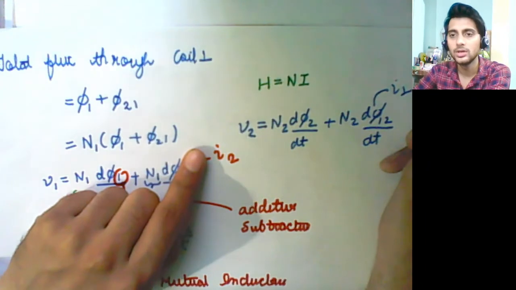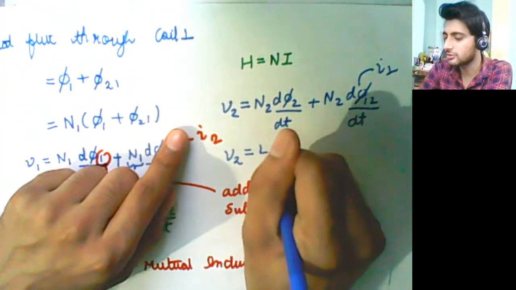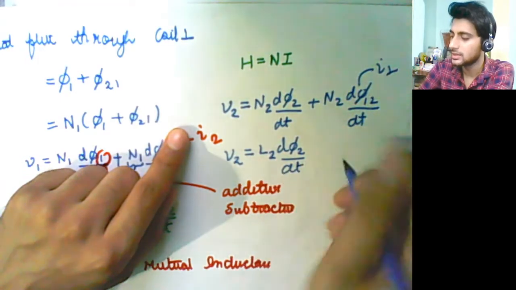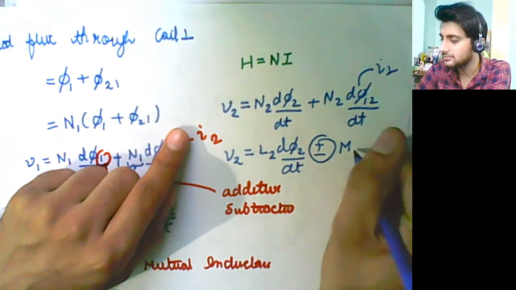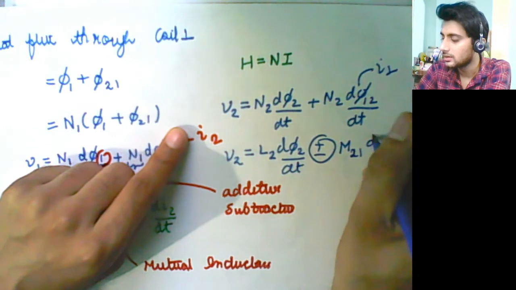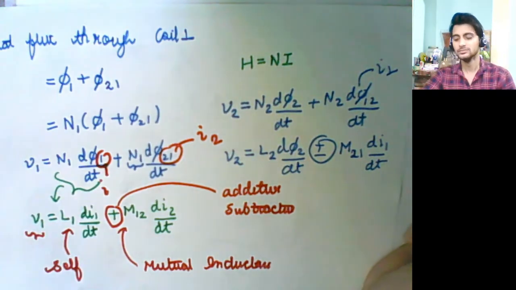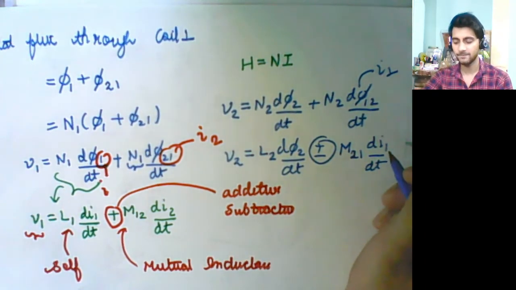So I can simply write it in terms of self inductance: it is equal to L2 dI2 by dt plus or minus, we don't know about this sign yet, some M12, or you can call it M21, dI1 by dt.